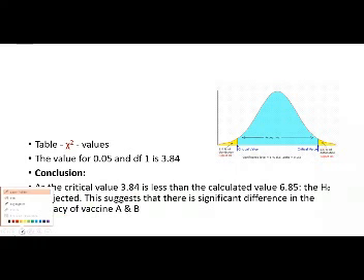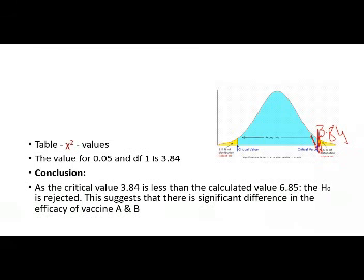Now this value of critical value is over here, 3.84, while the test statistic falls beyond this critical value, which is 6.85, maybe somewhere here.